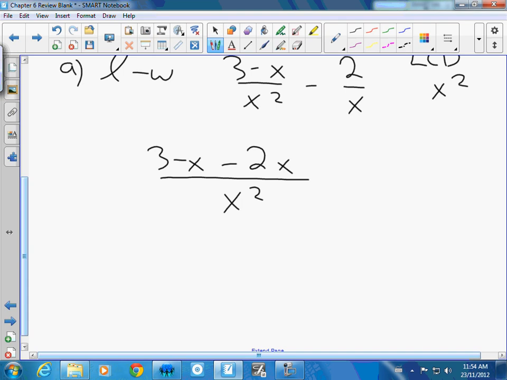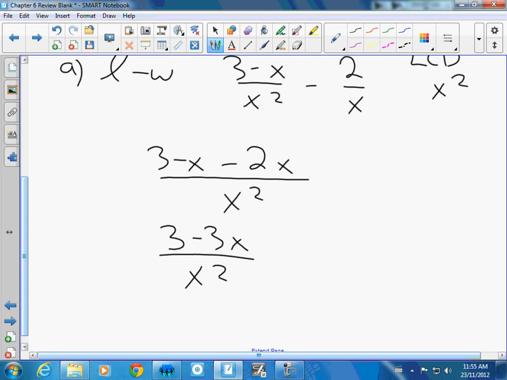Collect like terms. So 3 minus 3x over top of x squared. Have we collected like terms? You don't need to. That's it. You simplified the expression.